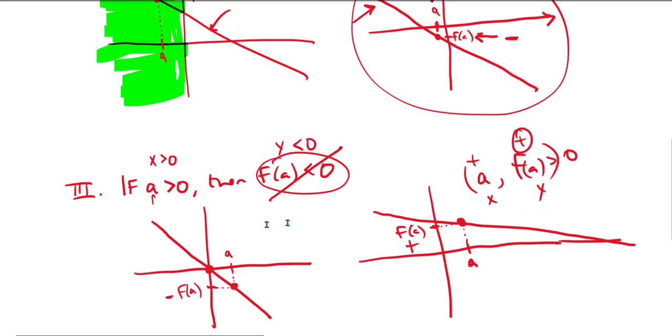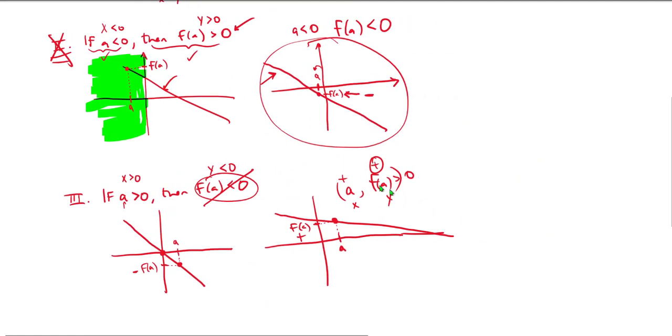So again, Roman numerals 2 and 3 depend upon the line that you decide to use. As long as the line is negatively sloped, you can use whatever negatively sloped line you want. In some cases, depending upon the line that you choose, Roman numerals 2 and 3 might look to be true, but they don't have to be true.